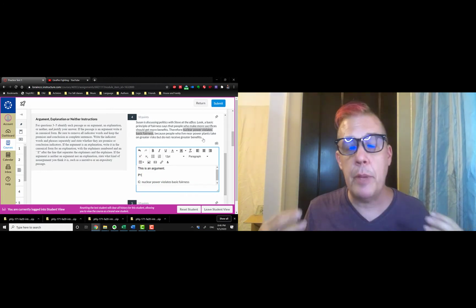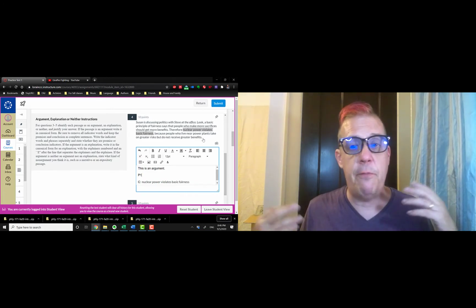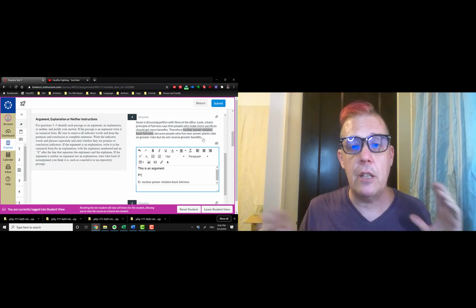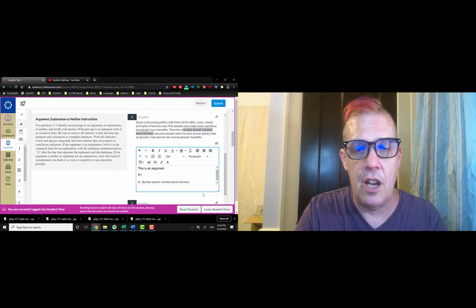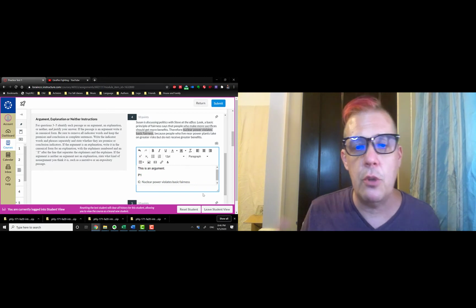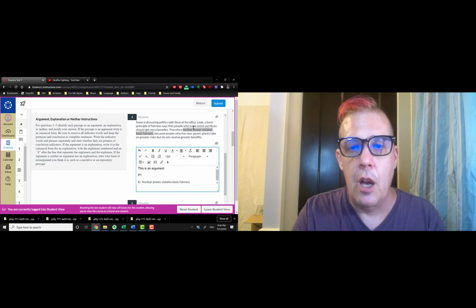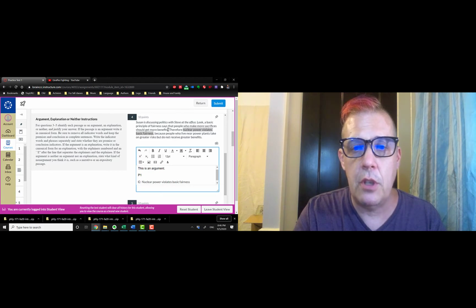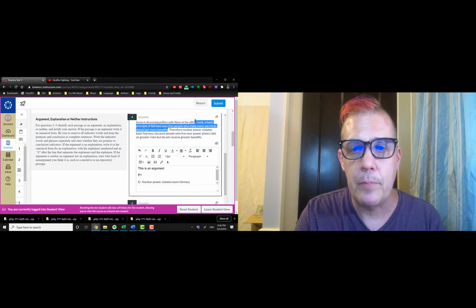I'm copying and pasting here, and that is fine. As long as I'm getting complete sentences that capture the original meaning, you can do it however you want. The basic principle of fairness says that people who take up more risks should get more benefits. P1.